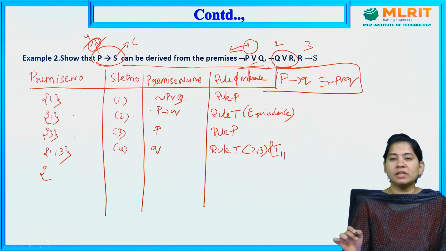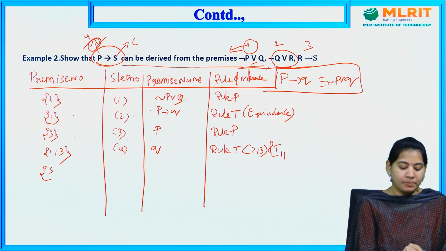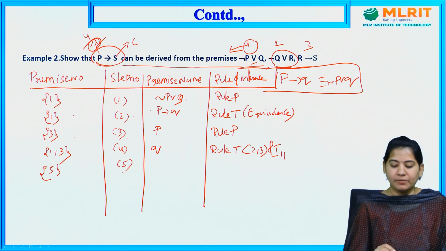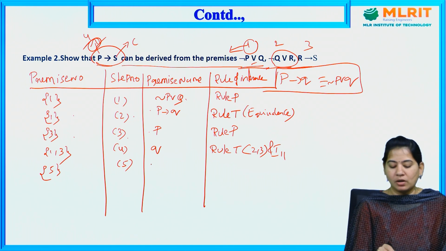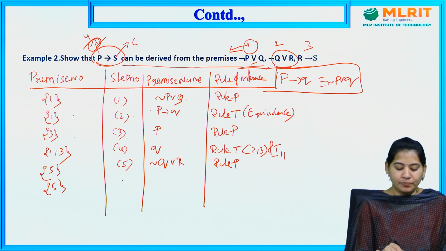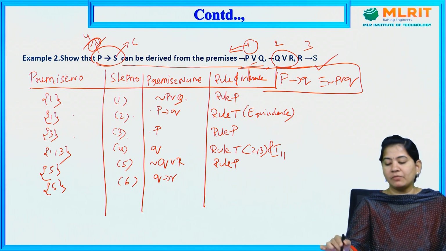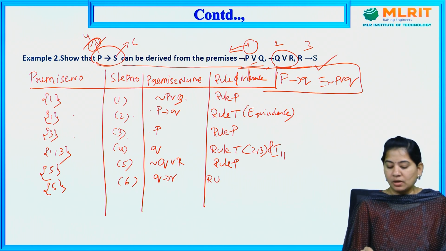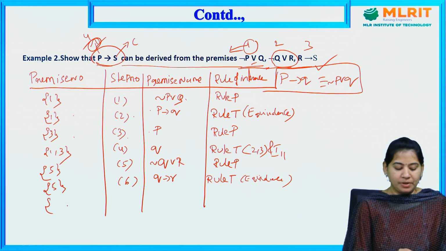Next we are left over with negation Q or R. So here premises number 5, step number 5, and this one directly negation Q or R. You can write here the same premise. In the next line you can write it as step number 6 and here Q implies R, just like the same formula we have used here, and this is called rule T equivalence. Next here step number is, premises number is 7 here, and here we have used step number 7.